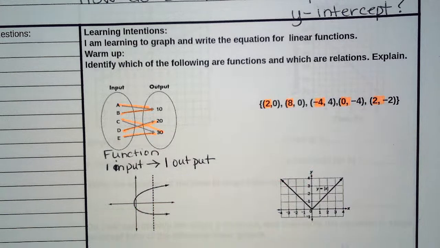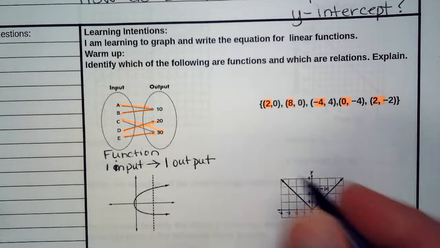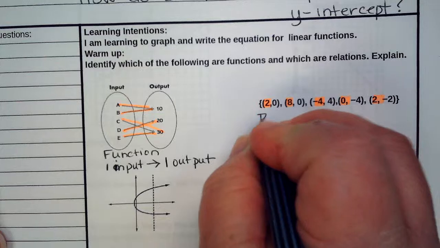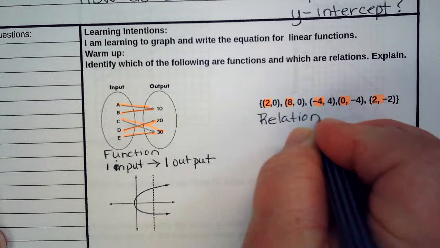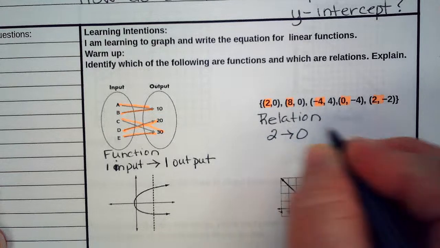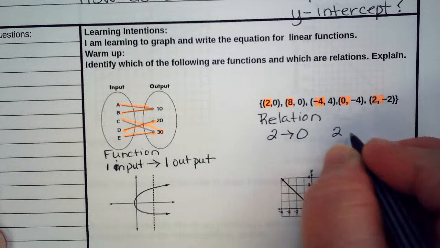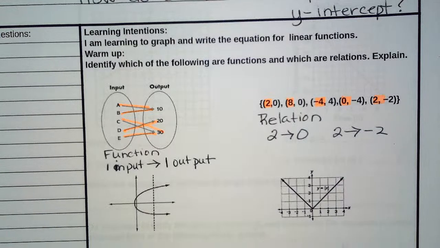Did I repeat any of those numbers? Yes, I did. I repeated 2. That means this is a relation, not a function. Why? Because 2 is first mapped with 0, and then 2 is mapped to -2. You cannot have your inputs going to more than one output.